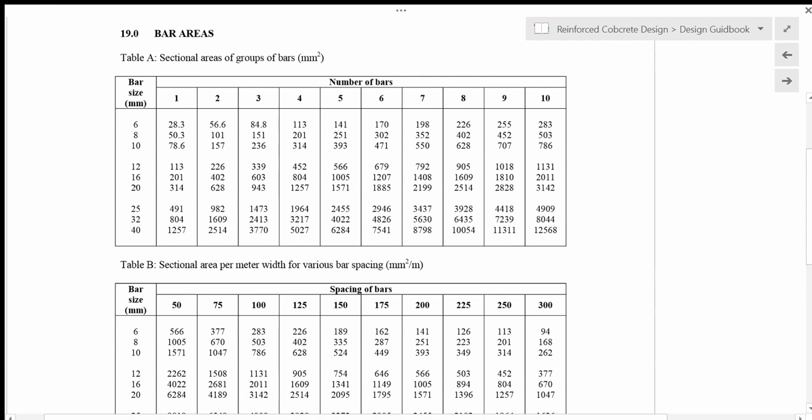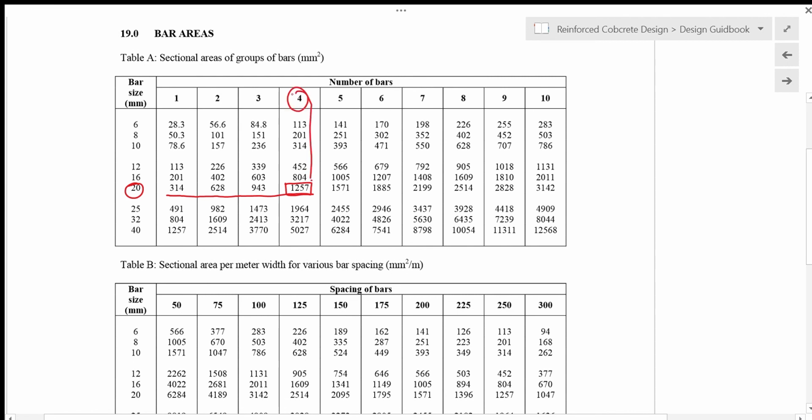Let's say we decide to use 20 mm bars. We go from left to right to see where we can get an area that is about 1150 square millimeter. In this case, it is 1257 square millimeter, which corresponds to 4 bars.